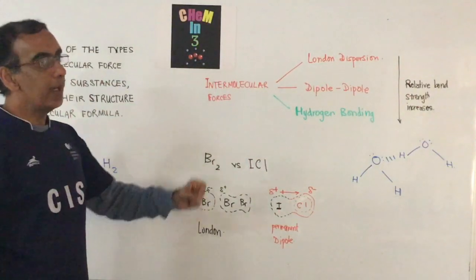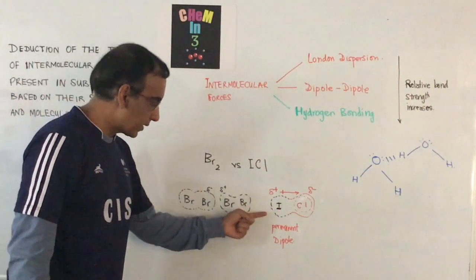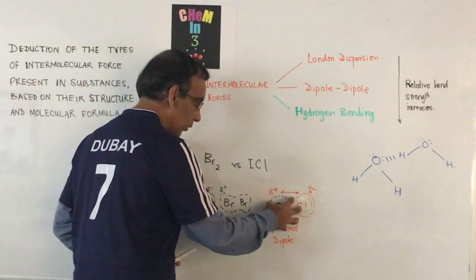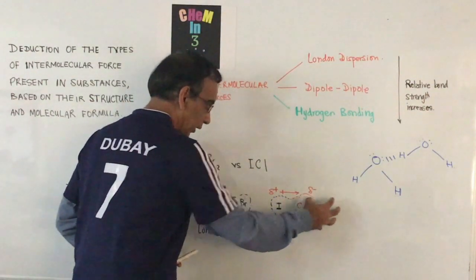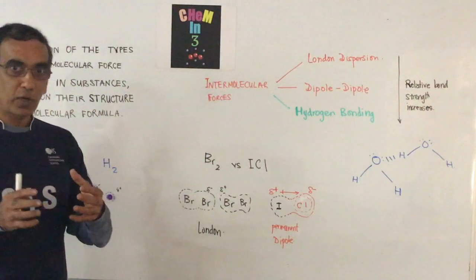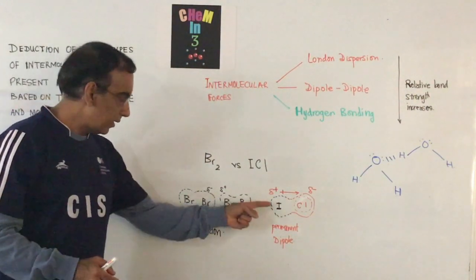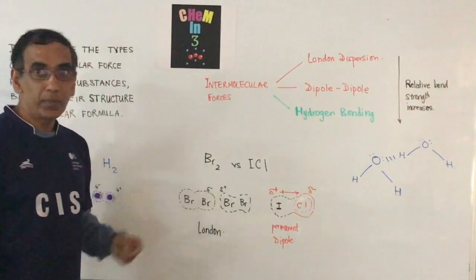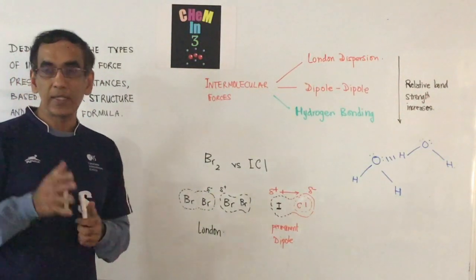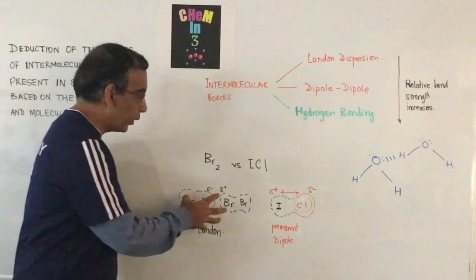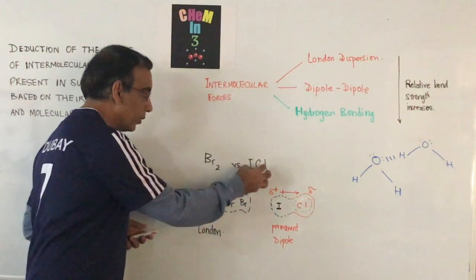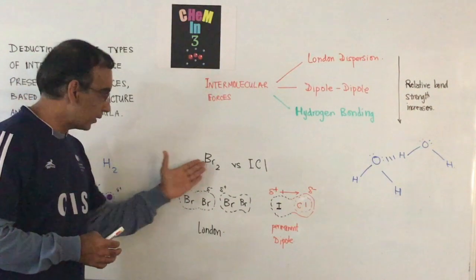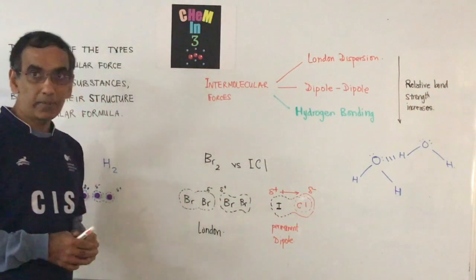So in this case, a permanent dipole exists, and the interaction between one ICl molecule and another ICl molecule would lead to a much stronger bond between molecules of ICl as opposed to molecules of Br2. And this leads to a significant difference in the melting points and the boiling points of Br2 as opposed to ICl, even though they both have a very similar relative molecular mass.